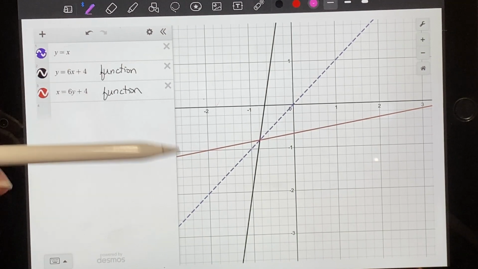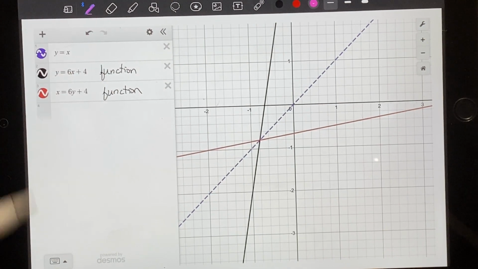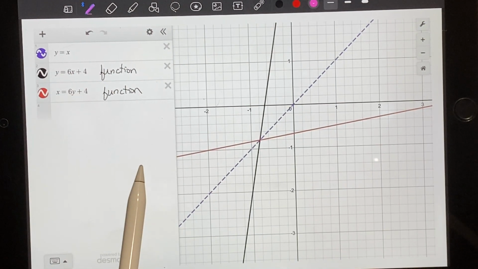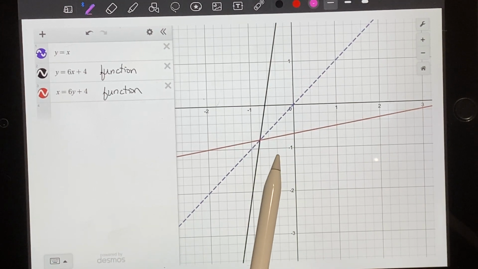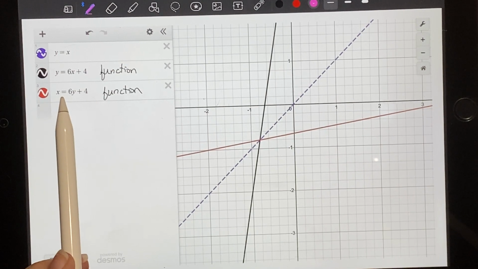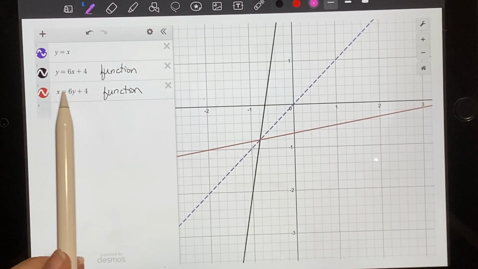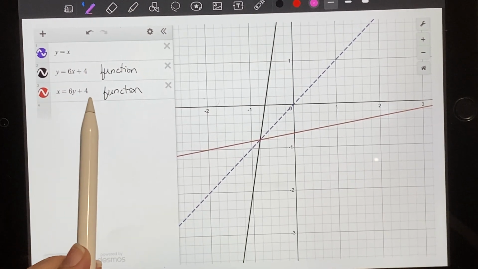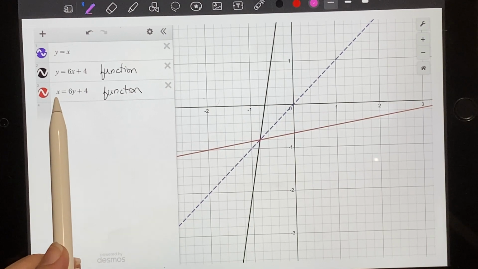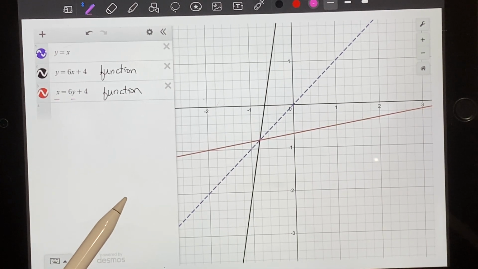Here's some examples to look at. We have our line of reflection, our dotted line, our 45-degree line. We have our first line, 6x plus 4, and it is a function, our black line. And we have our inverse, where what's neat about Desmos, if you look on here, you don't have to resolve for y. You can simply write x and y in different places, and it will graph it for you.